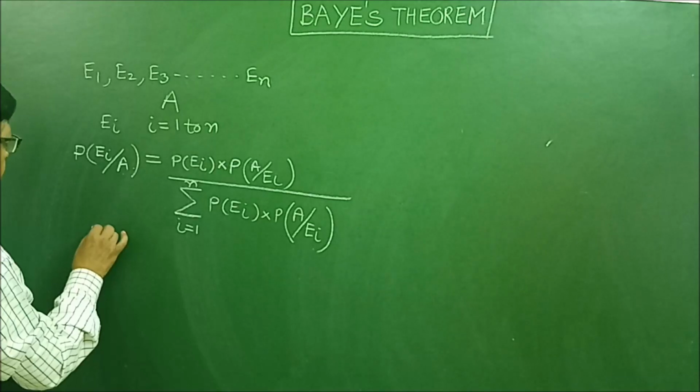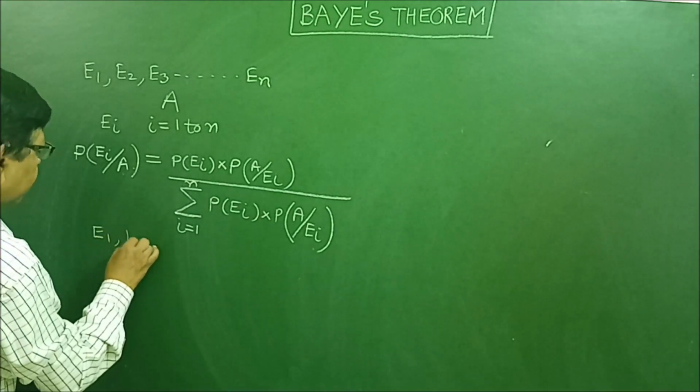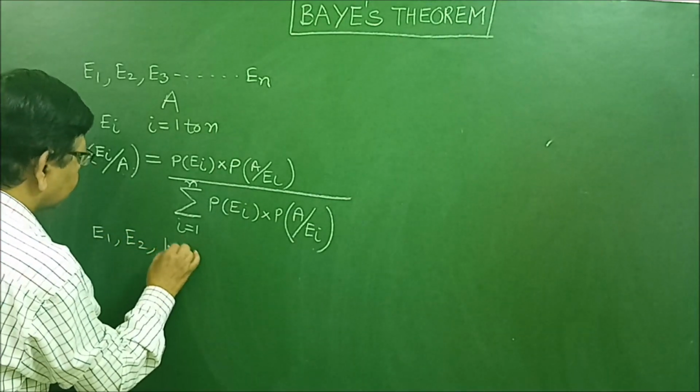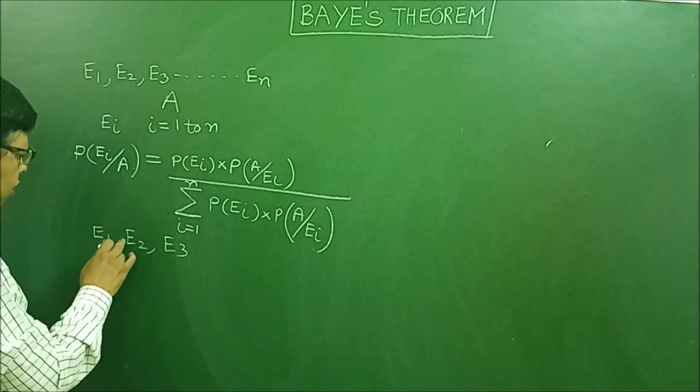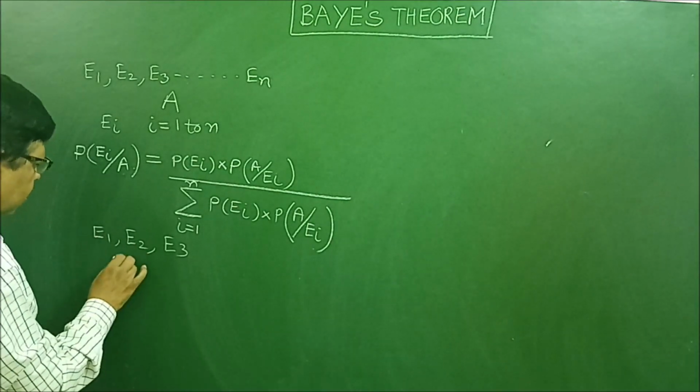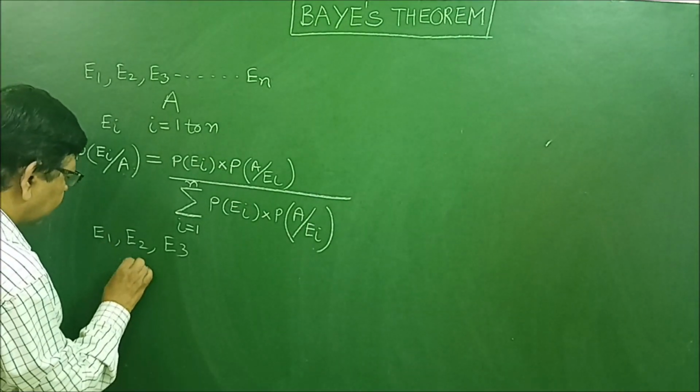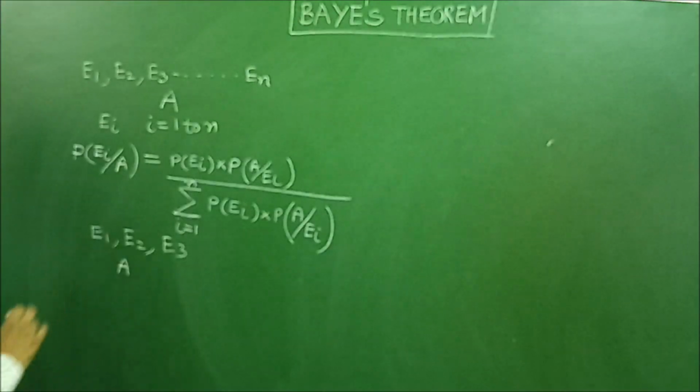Let there be three events only, E1, E2, E3, any three mutually exclusive events, and with each of these events either event A occurs.